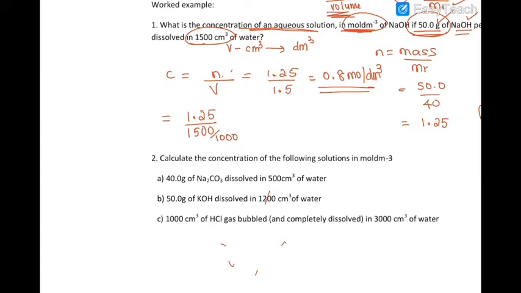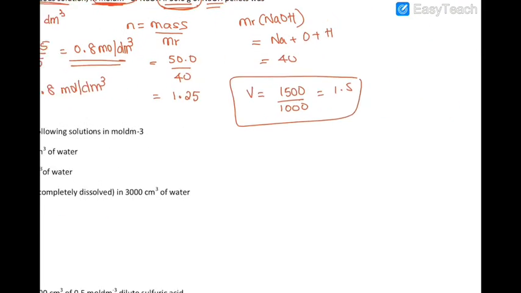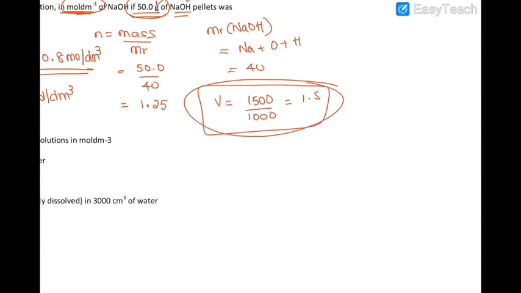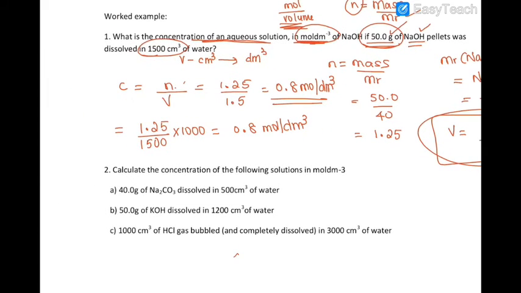Because it's divided and then divided again, it becomes multiplied by 1000. It's going to give you the same value, 0.8 mole per dm cube. It's just that you're eliminating this working and doing it over here itself. Okay?